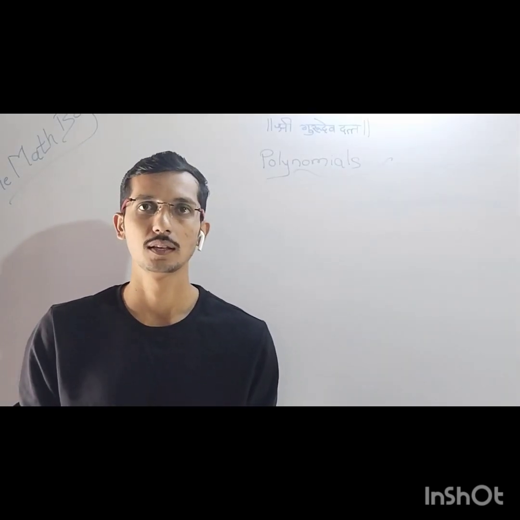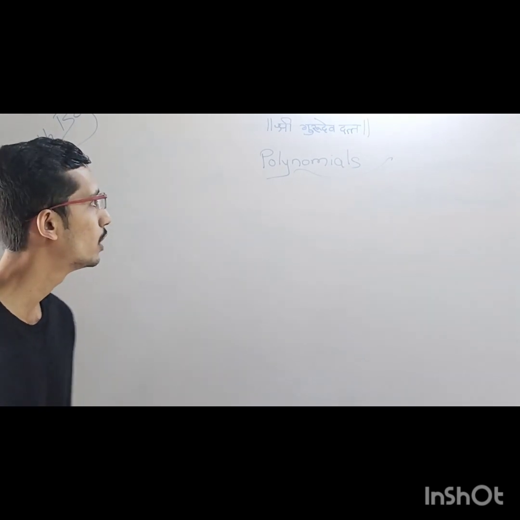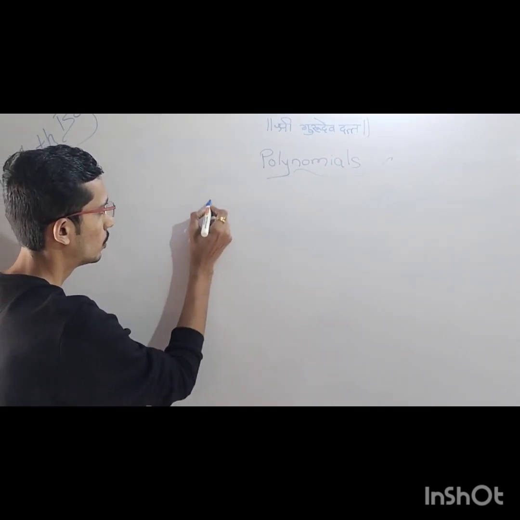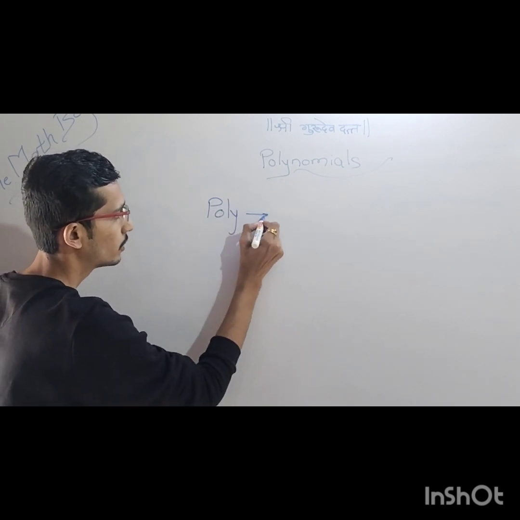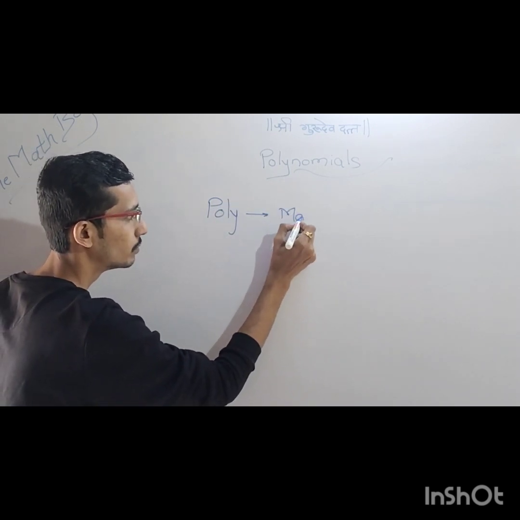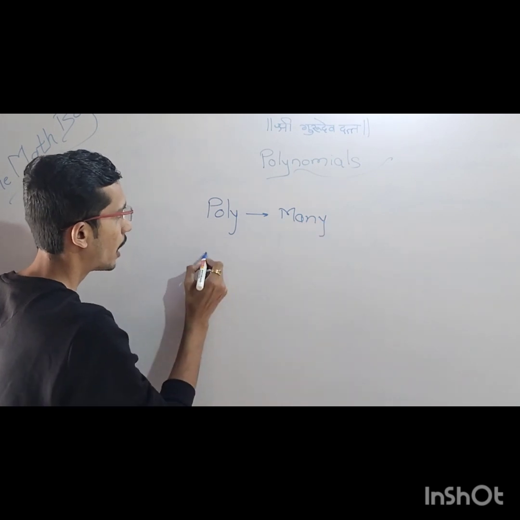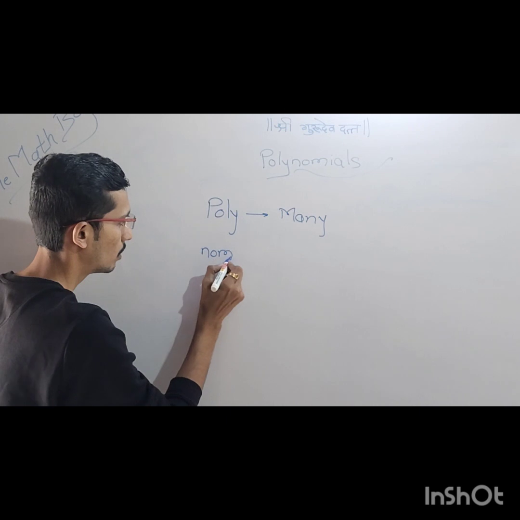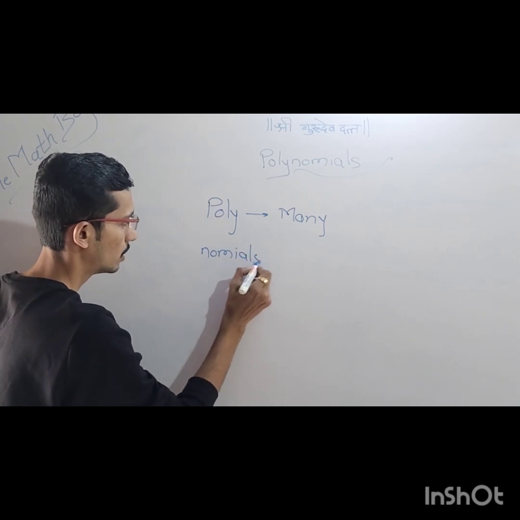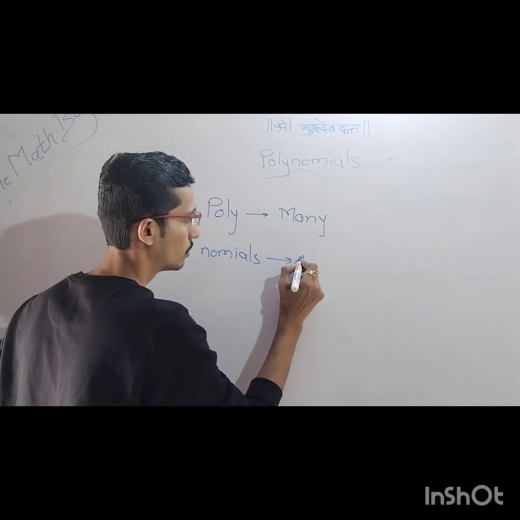So polynomials. Polynomial is a word formed by two words, that is poly and nomial. Poly means many, and nomial means monomials.